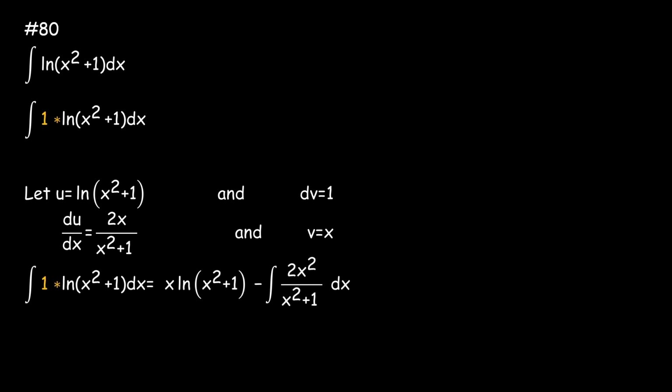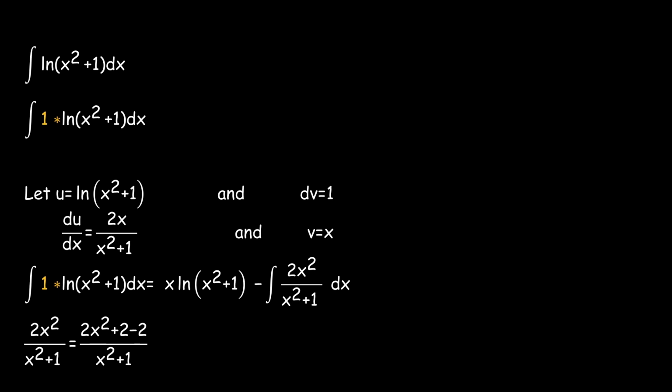And keep in mind, there are 2 ways we can simplify this polynomial fraction. We can use the long division method because the degrees are the same. It's 2x squared in the numerator and x squared in the denominator. You can use long division. You can actually rewrite this as 2x squared plus 2 minus 2, right? So that you can factor out 2.